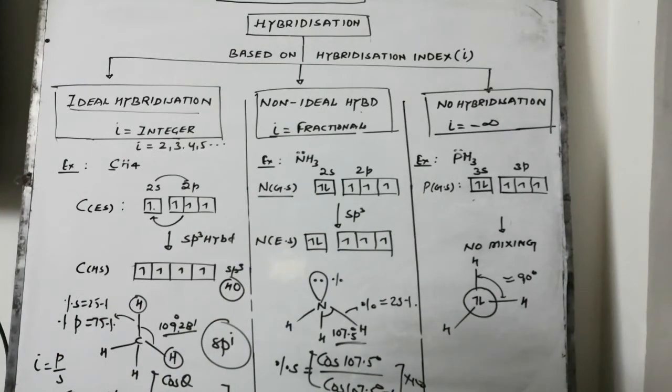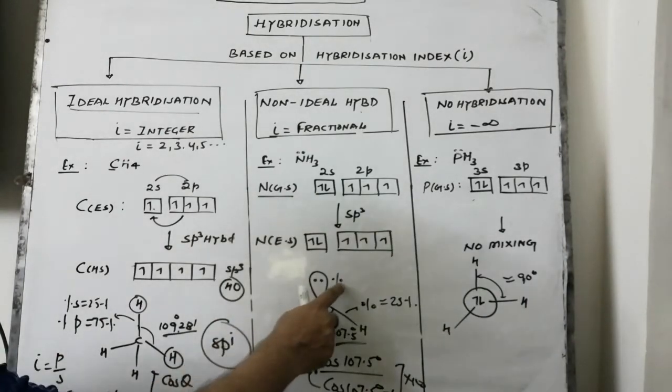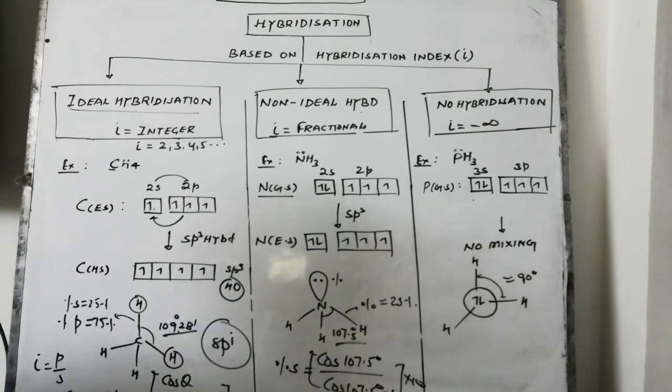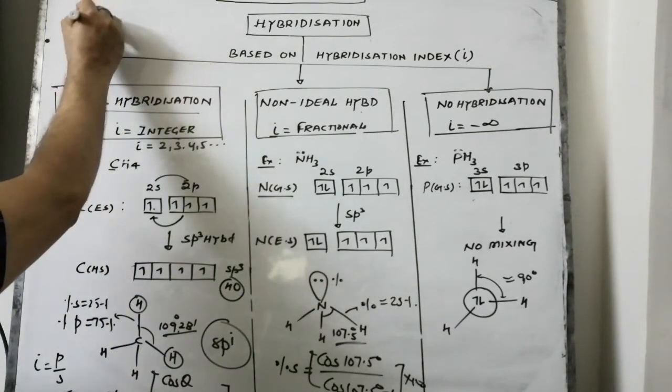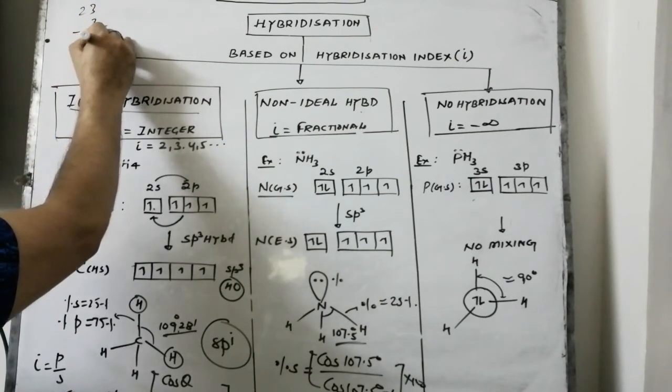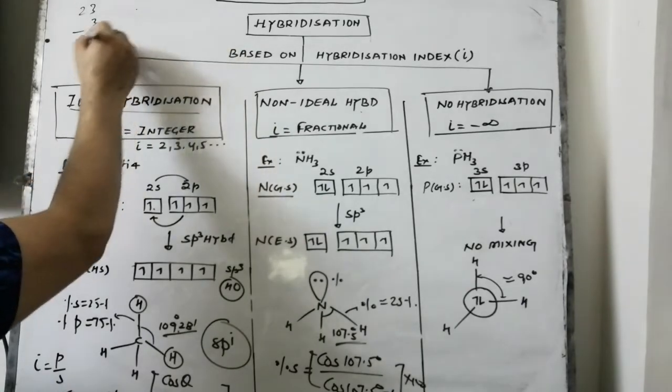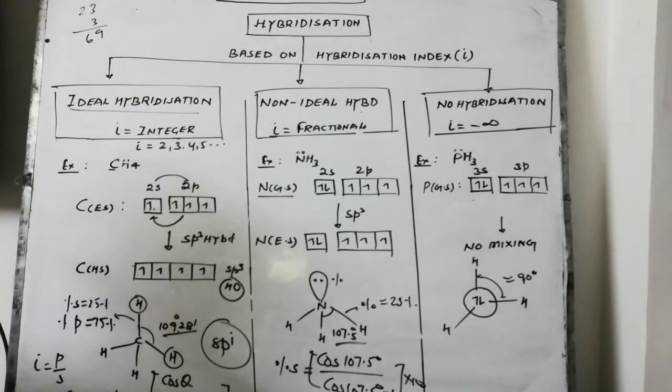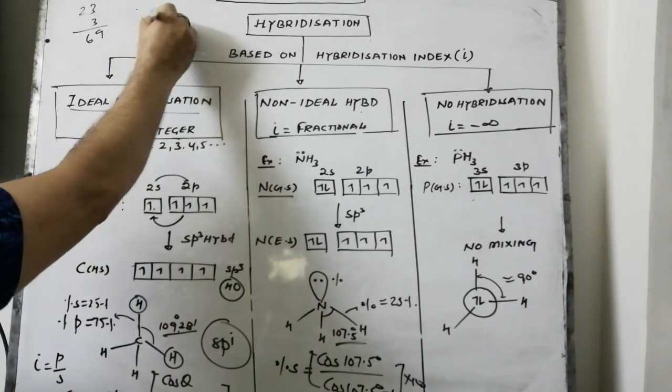Is it clear? So here the percentage s character in the hybrid orbital will be comparatively higher. If I add them, 23 times 3, 3 threes are 9, 3 twos are 6, and out of 100 minus this comes out to be 31%.